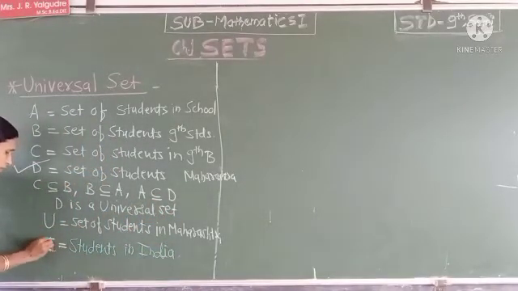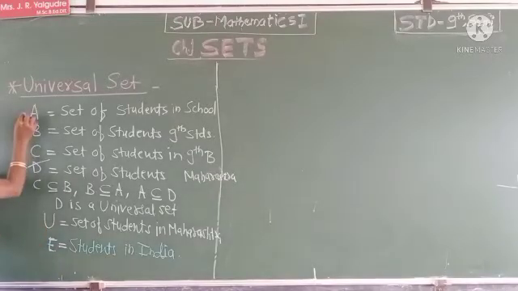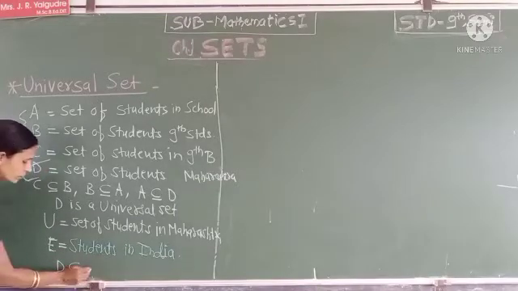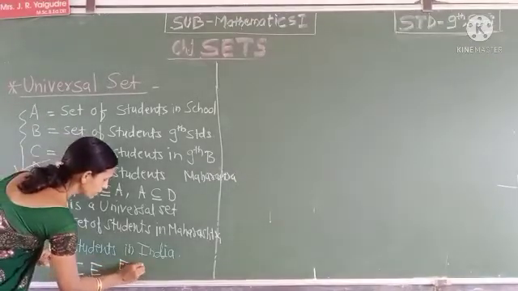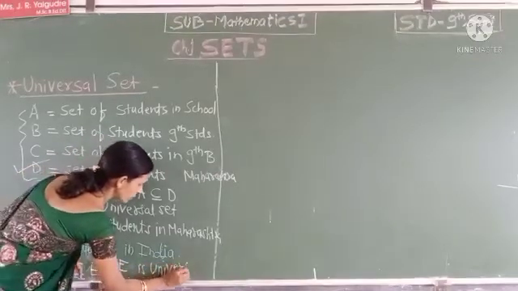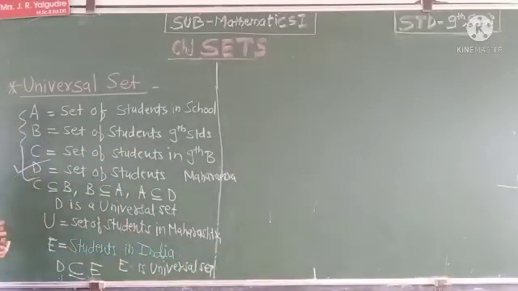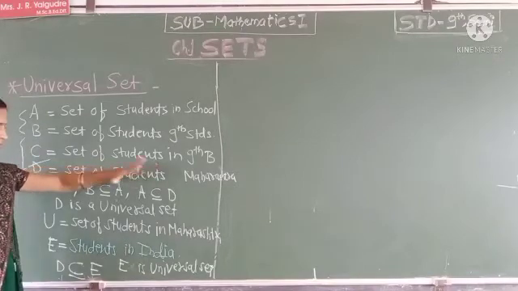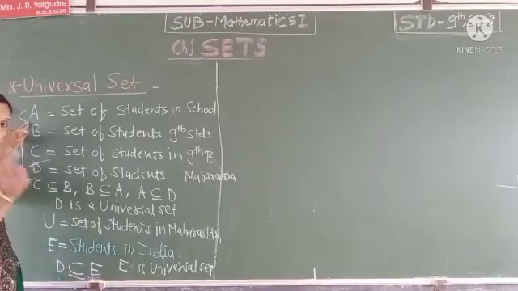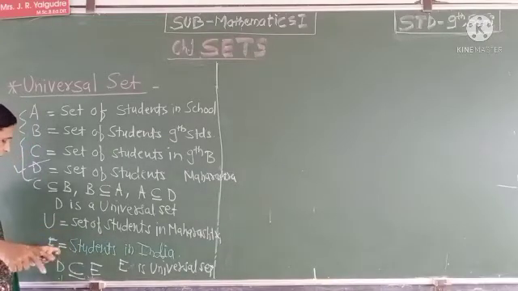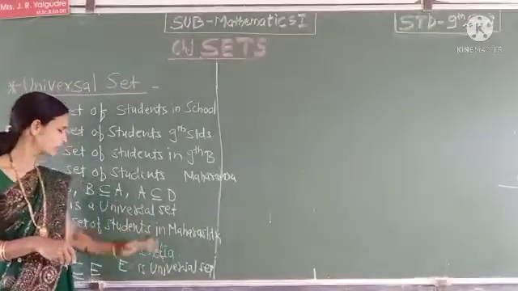Then E is a bigger set, and all other sets, that is set A, set B, set C, and also set D, are subsets of E. Now E is the universal set, and not D. If only these 4 sets are given, then D is the universal set, but if set E is included, then E becomes the bigger set, and all other sets should be subsets of E. Then E is the universal set and not D.